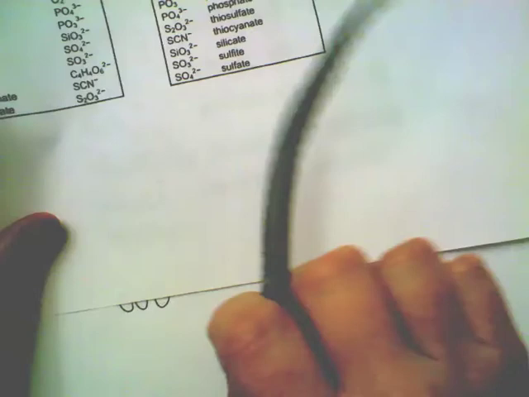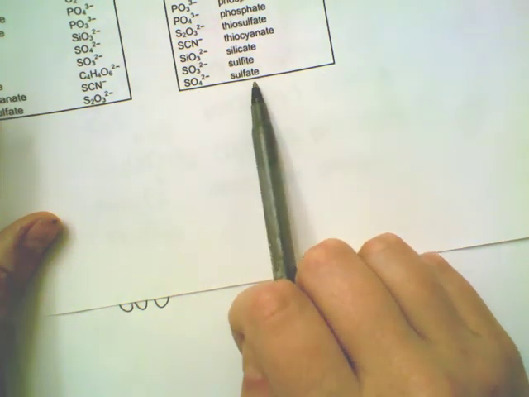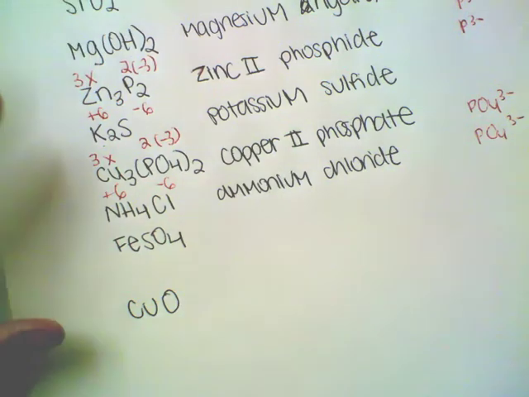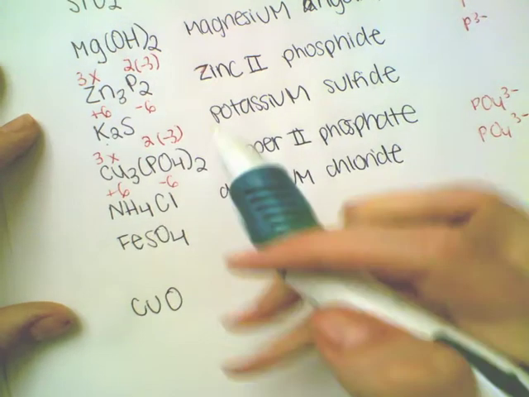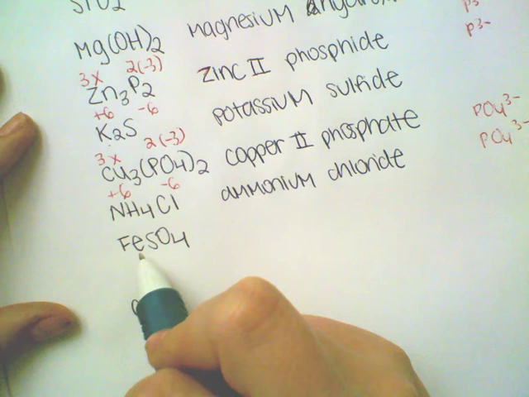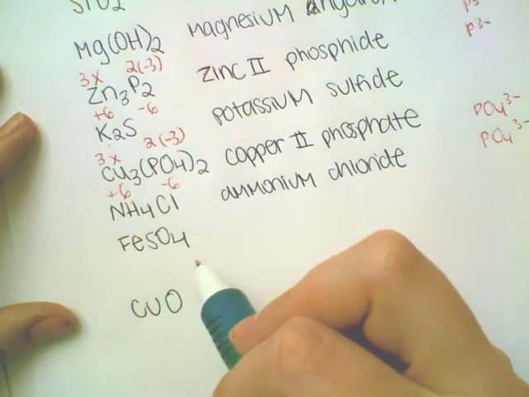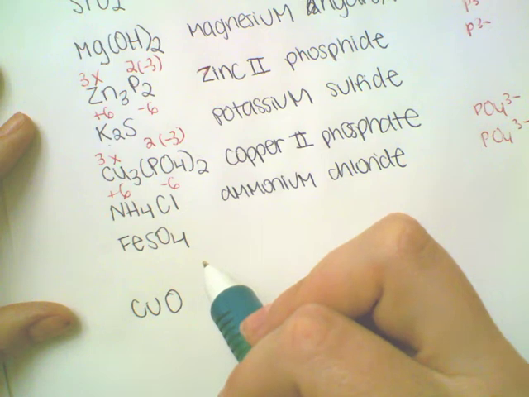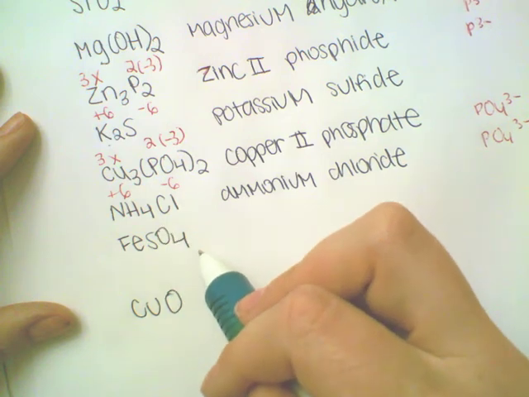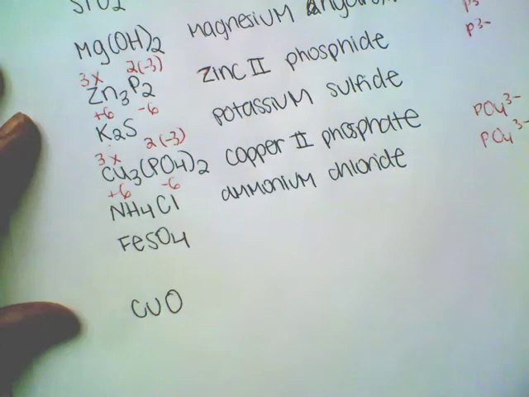So I look up SO4 on my chart. SO4 has a 2- charge, and it's called sulfate. So I have 1 sulfate, not 4. So remember, we got the metal first, so the rest of this is the polyatomic ion. SO4 is the polyatomic ion. And we have 1 SO4. If there was more than 1, we would use parentheses like these previous examples.